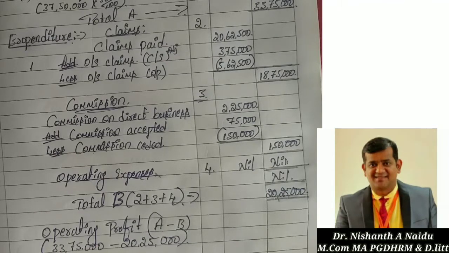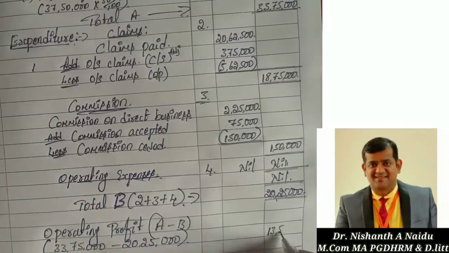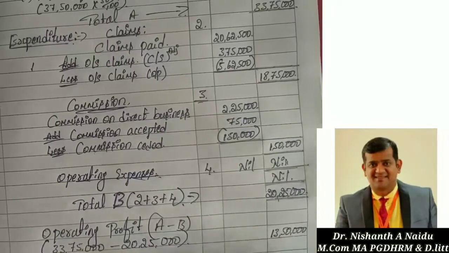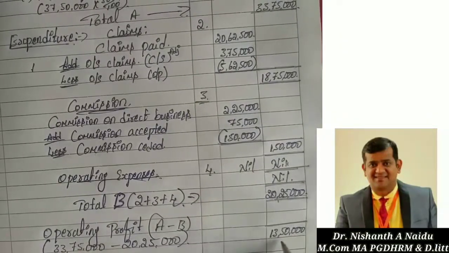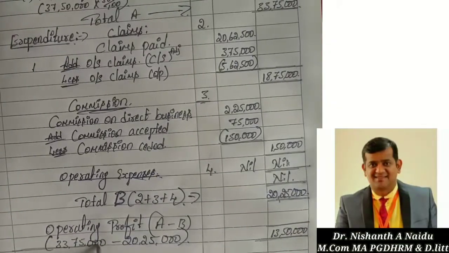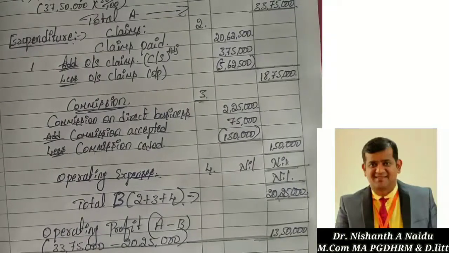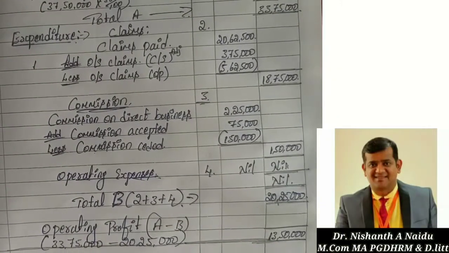So you will get 13,50,000. So 13,50,000 is the operating profit. So we are done with this revenue account of Ag Fire Insurance Company.